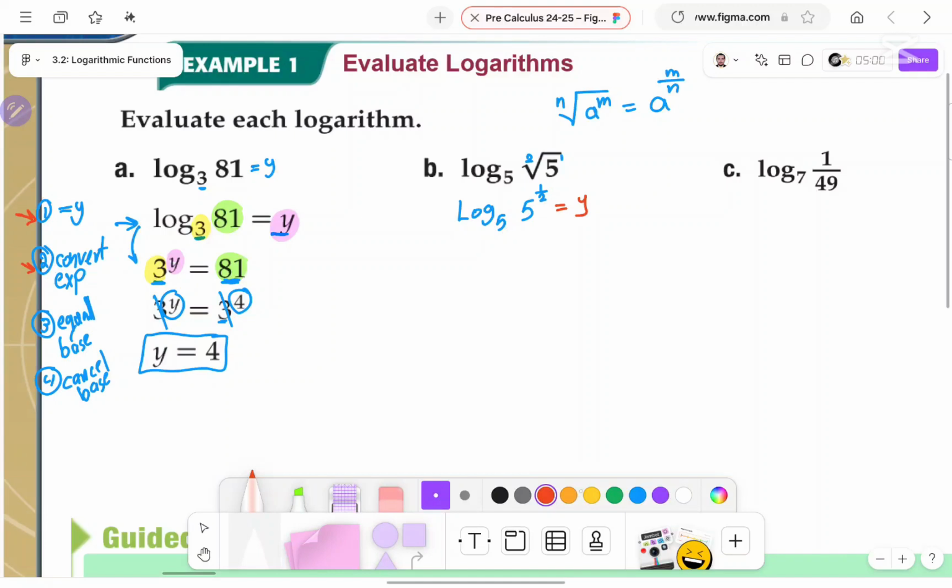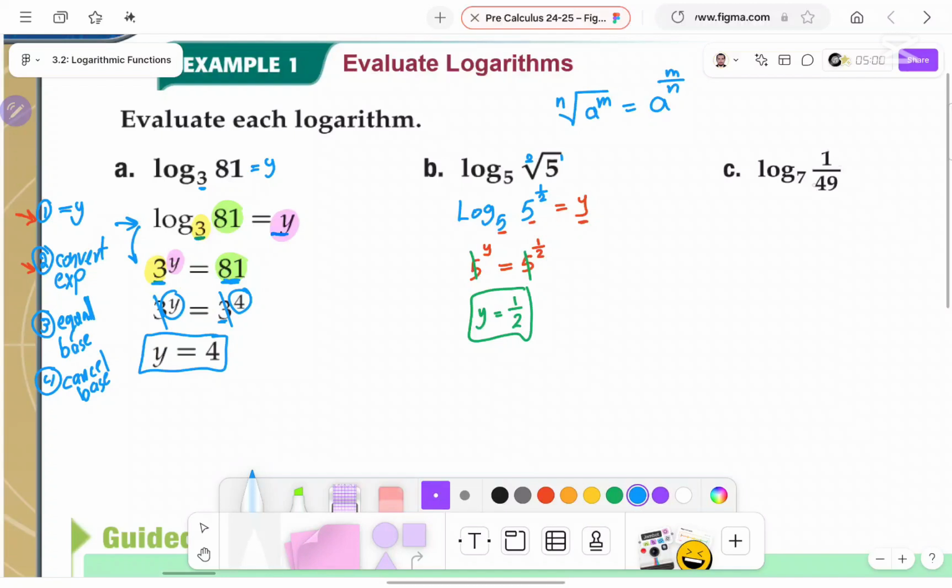We take the base, which is 5, and we take the power, which is y, equal to the x, which is 5 to the power 1 over 2. Now I have the same bases, so I can just cancel the bases: y equals half. So this is the second question.